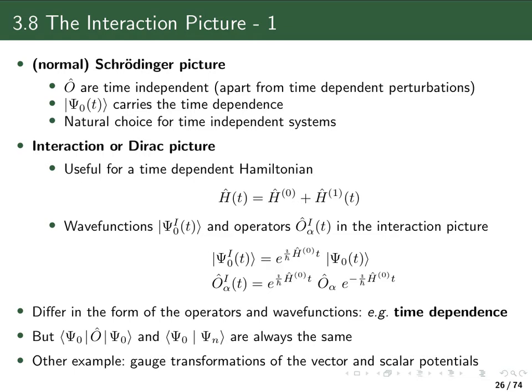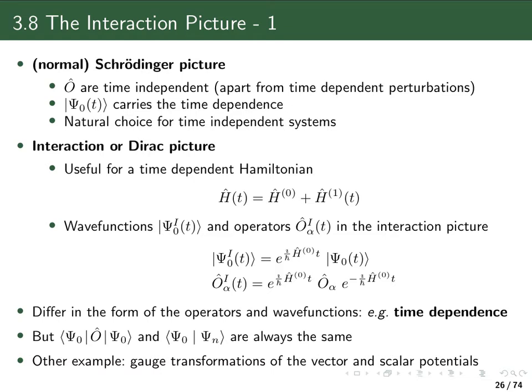Correspondingly, the operators are sandwiched with this exponential operator and the exponential operator where we have the complex conjugate of the exponent. They differ now in form, so you can see that our operators are now also time dependent, and in general, of course, the wave function is also still time dependent.